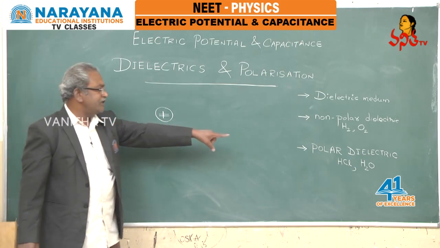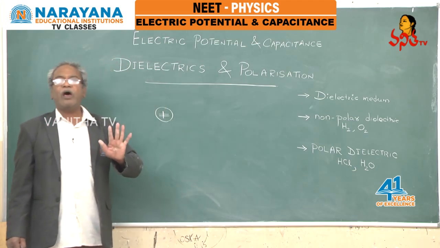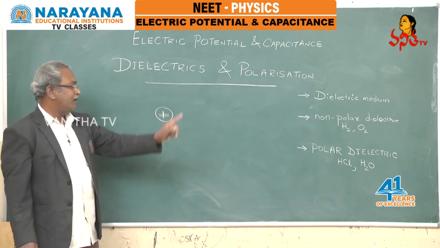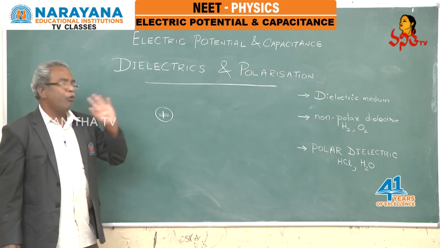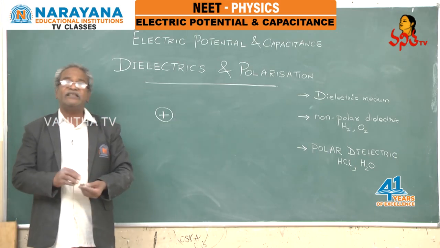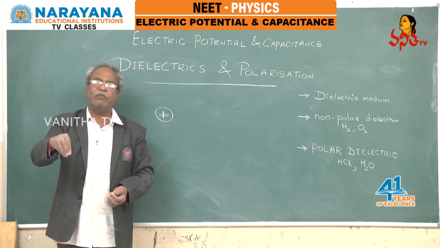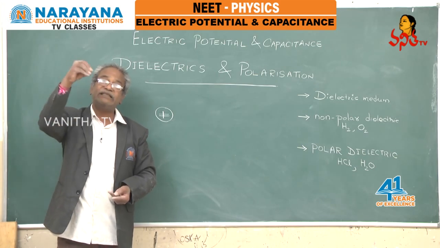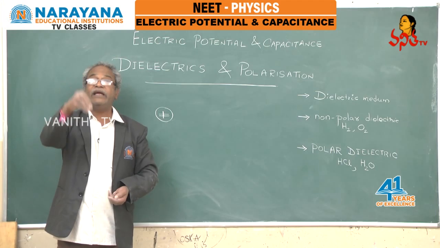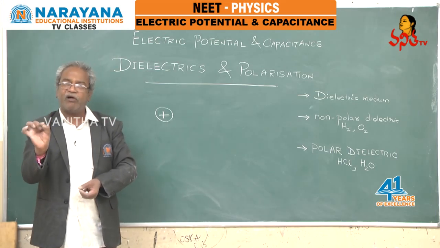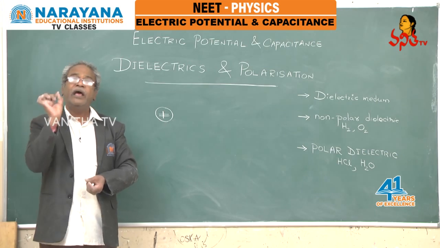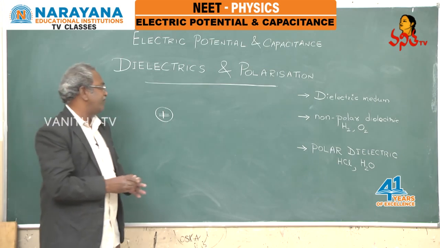Now, coming to polar dielectrics, polar dielectric media like HCl as well as H2O. In polar dielectric media, the center of positive charge of the molecule will not exactly coincide with the center of negative charge. Therefore, there is positive charge concentration somewhere over here and negative charge concentration somewhere over here.